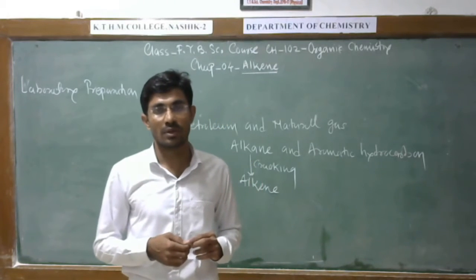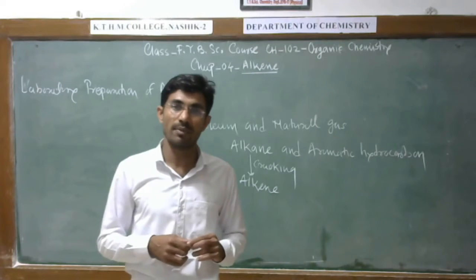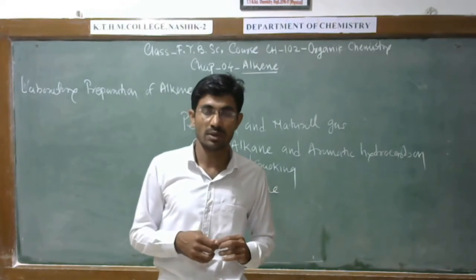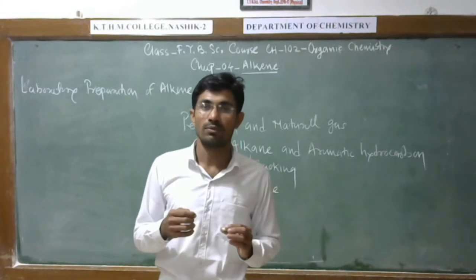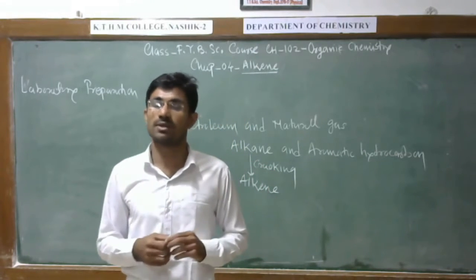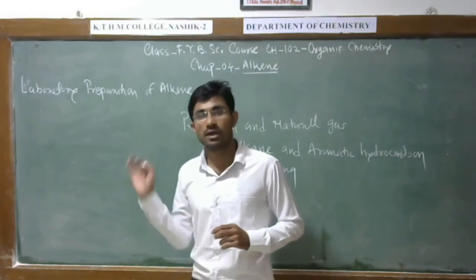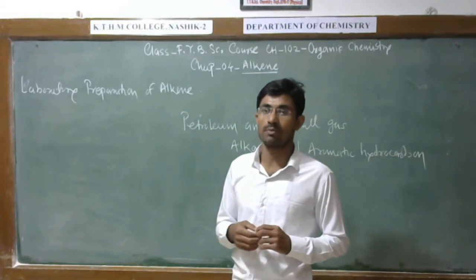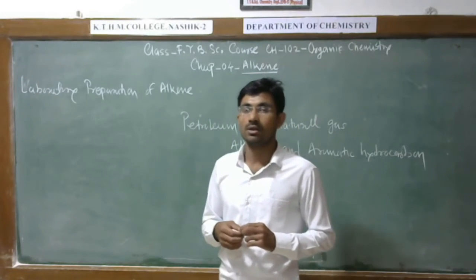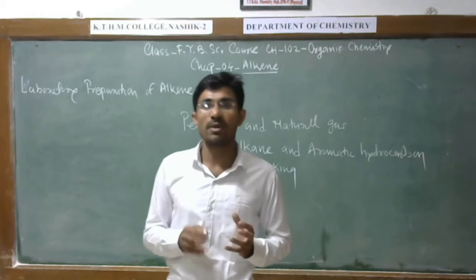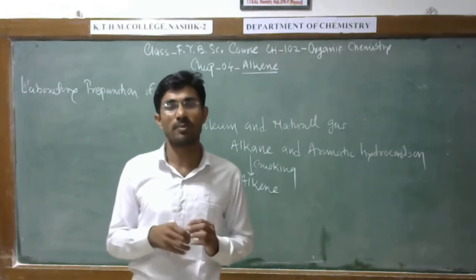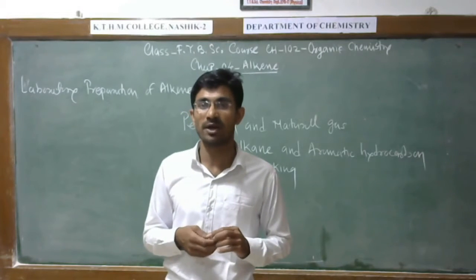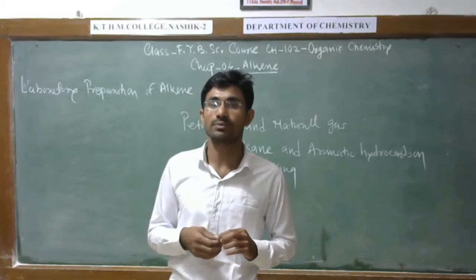But to prepare higher alkene members, we consider the laboratory preparation methods. The lower members, ethylene, butylene, propylene, can also be prepared, and higher members are prepared, by laboratory preparation methods.